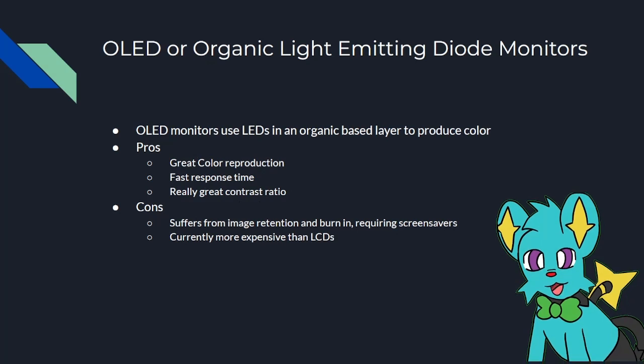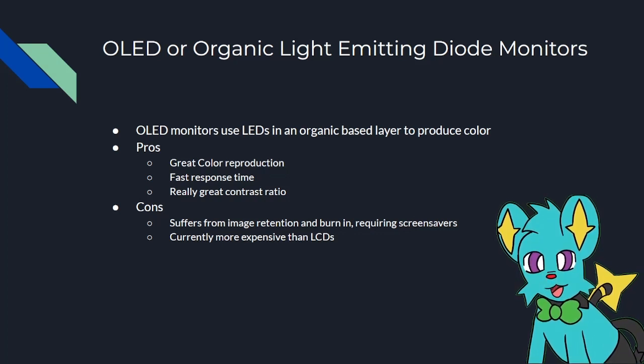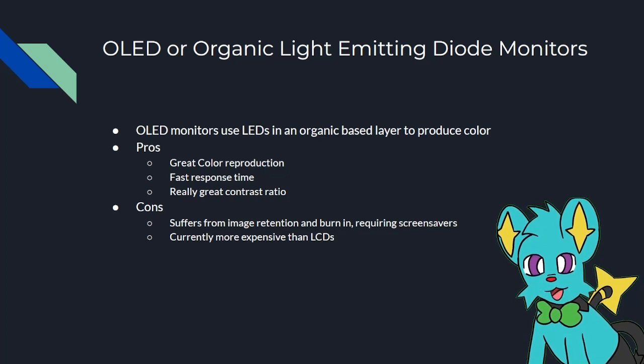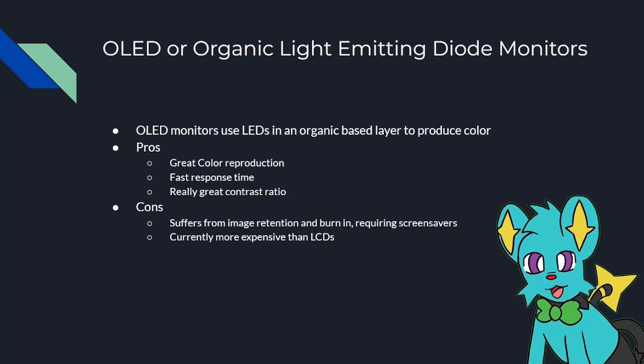Then there's the OLED or organic light emitting diode monitors. They use LEDs to reproduce the backlighting of an LCD. But what's unique about these is that they use organic based layers above the backlighting to produce the color instead. They create high response time and a great contrast ratio and really good color reproduction.